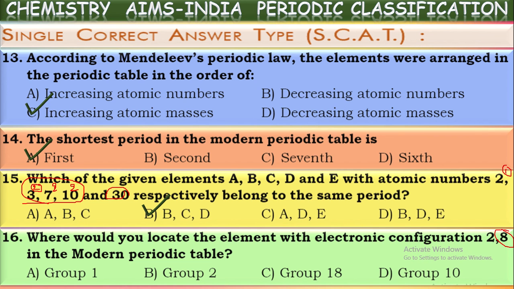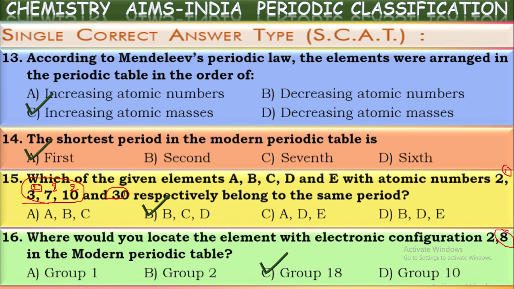So this element will come under the 8th group or 18th column, you can say simply group 18. That is a noble gas. What is that element actually? It is neon. Neon belongs to the noble gas family, that is group 18.